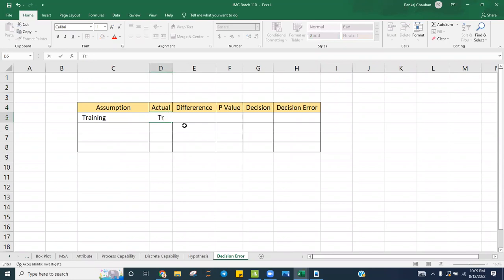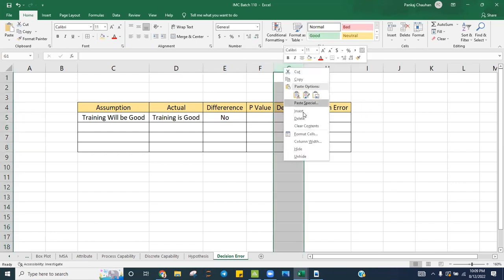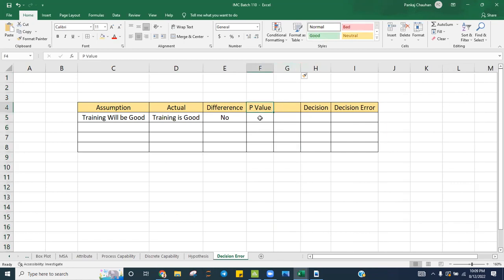Yes. Okay. So the training is good. The assumption was that the training will be good. Actually, the training is good. Is there any difference between the assumption and the actual? No. So when there is no difference, then you will see the p-value, and the p-value will be greater than 0.05. So what is the hypothesis?